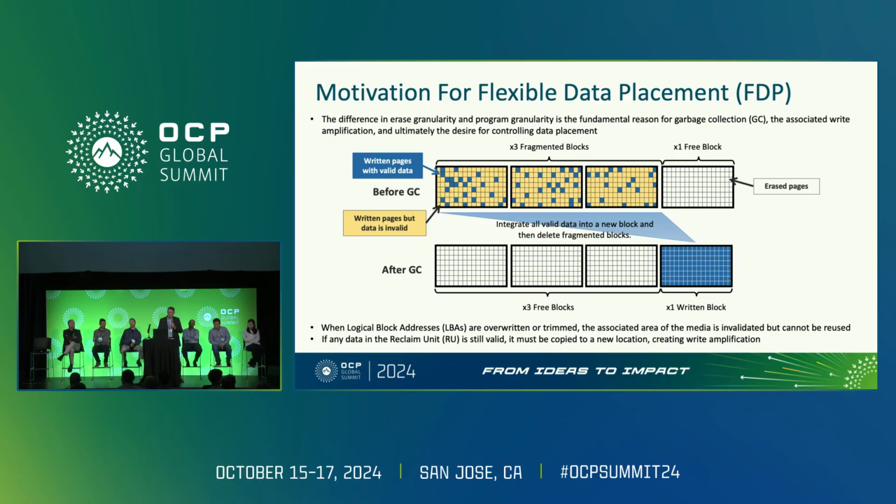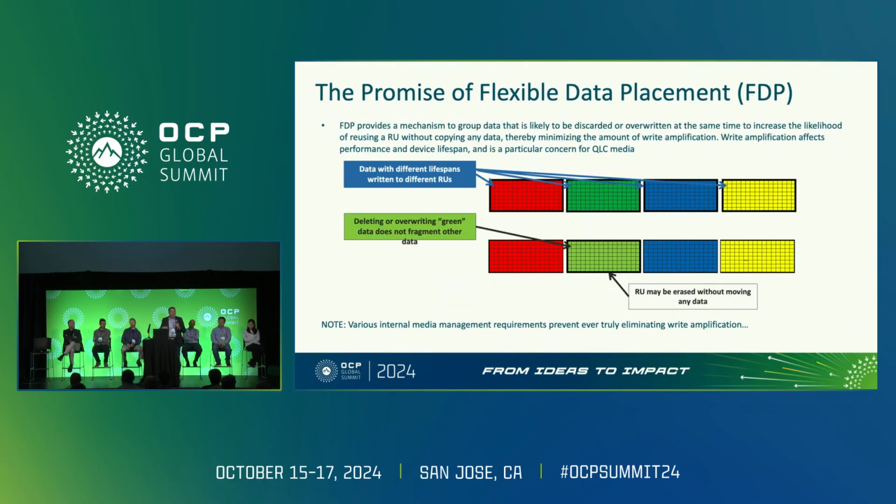of flexible data placement. Okay, so what's the promise of flexible data placement? It's a mechanism that allows you to try to organize your data by its expected expiration time, right? So in this example, the top illustration, once again, we've organized data that's going to be either overwritten or trimmed, deleted, into different blocks denoted by the different colors.